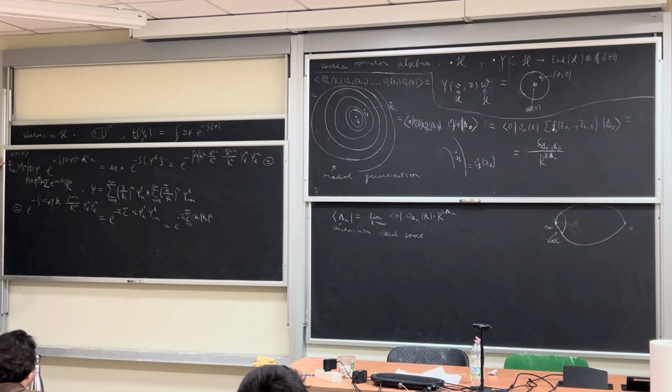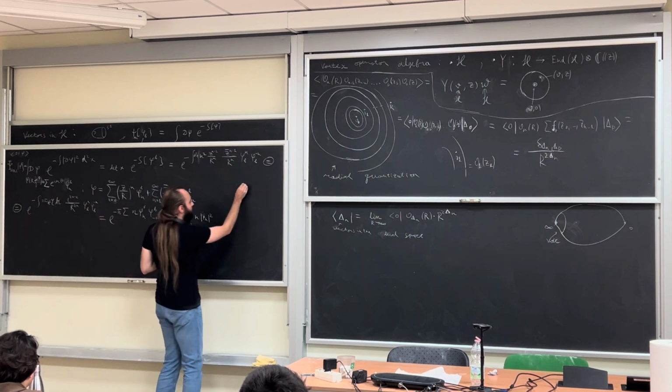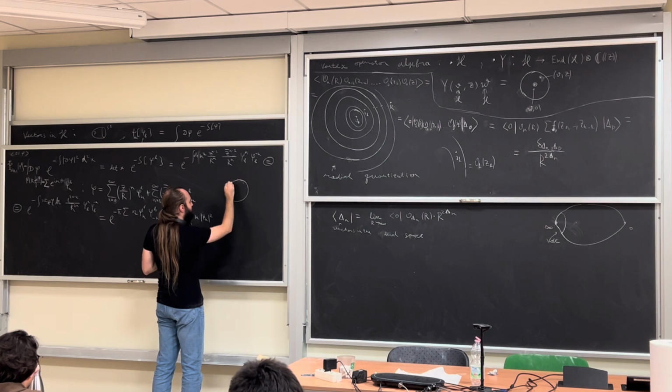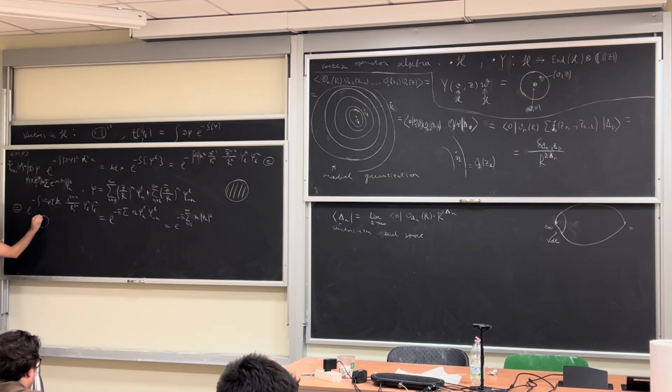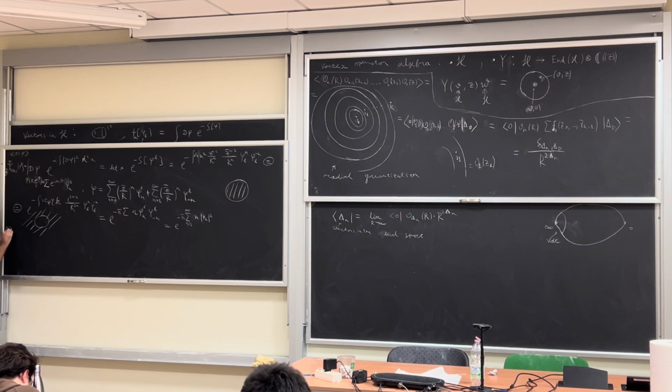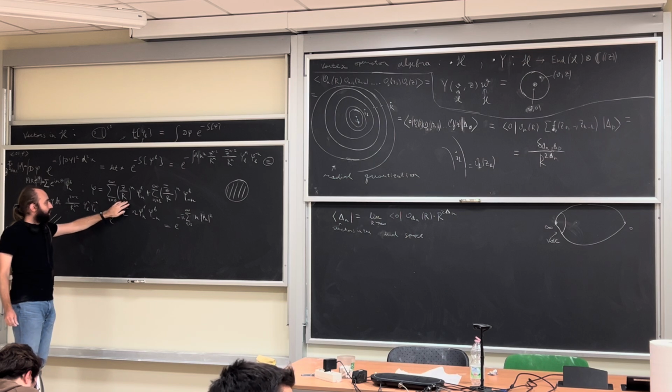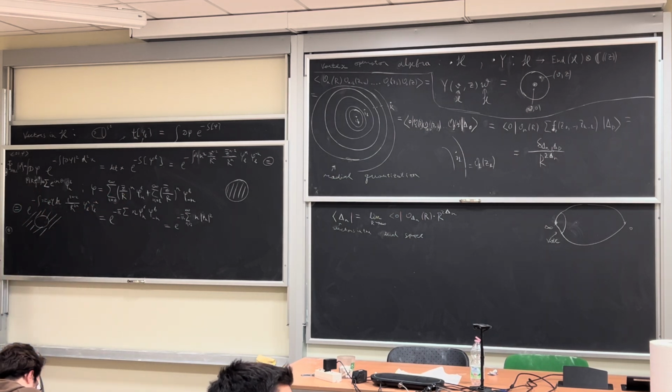Namely, here we considered this problem where phi was defined inside this disk. But we can do the same for the exterior of the disk and think what boundary conditions we should impose. So this is 1, this is 2, so it's kind of 0, say infinity. We can think which conditions we should put at infinity to make this problem well defined. And it seems obvious that if we consider the expansion in the inverse powers of z, then it will be an equivalent computation.